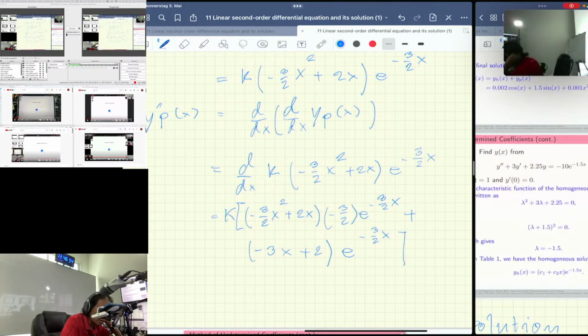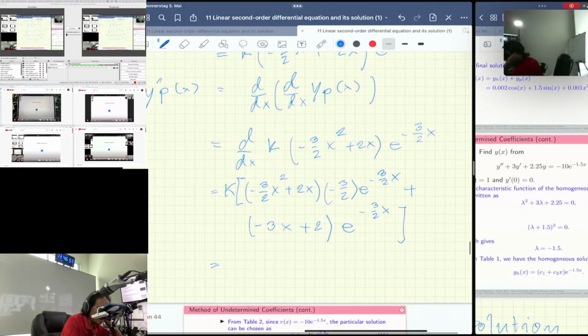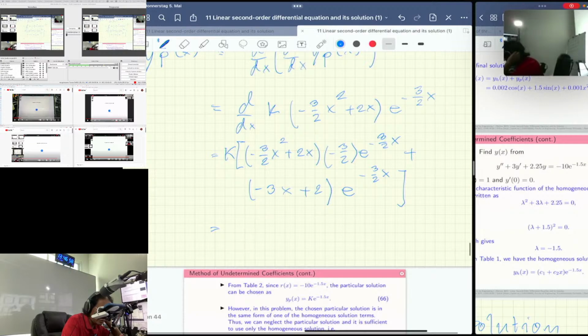Closing parenthesis, and you get k in front of that, and open the parenthesis is 9 by 4 x squared and negative 3x, and this one you have negative 3x plus 2, closing, exponential negative 3 by 2x.